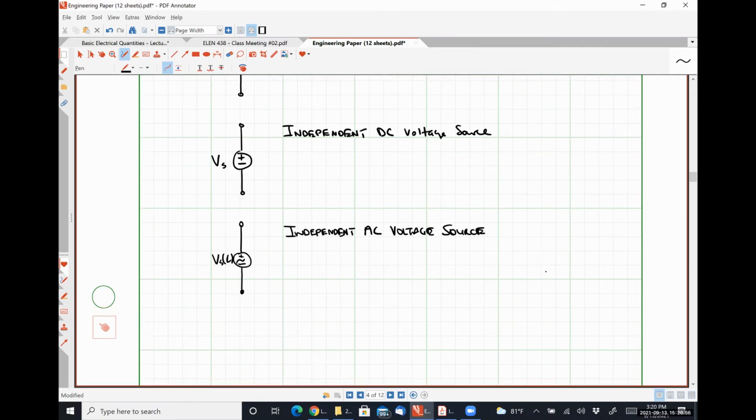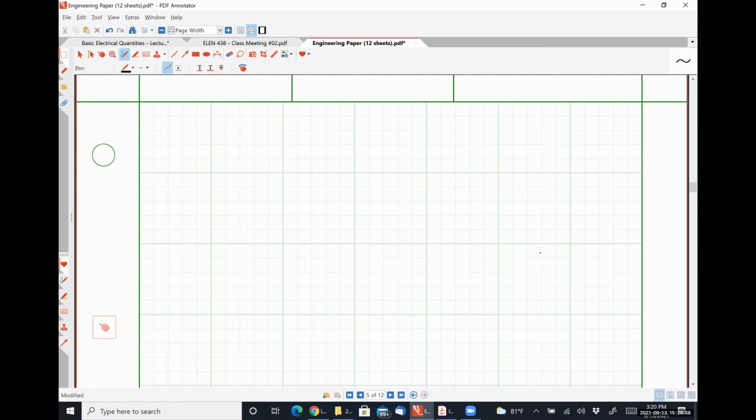Then we have our two dependent voltage sources. So again, the arrow symbol always lets us know that it's a dependent source.